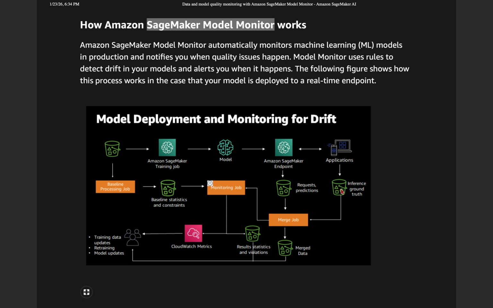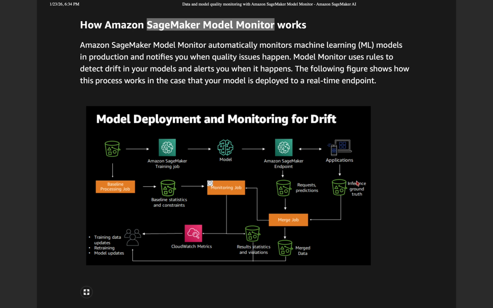Same here, there would be a review with a human or maybe with the system, which checks whether the prediction is correct or not. Based on that, the labeling is also saved for the merge job.